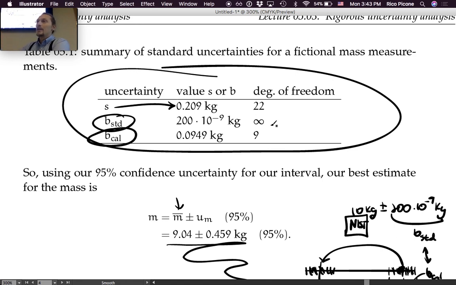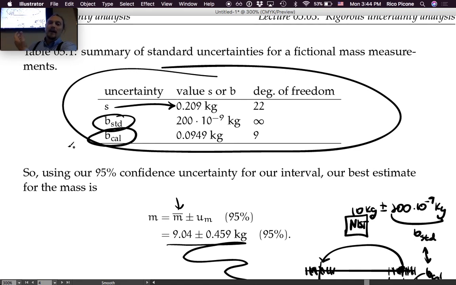We took 23 values of it, right? And the standard deviation of the means was 0.209. So all three of these have introduced some uncertainty into the measurement, because these were readings taken on the scale that we calibrated with these things. So they're accumulating this uncertainty, right?